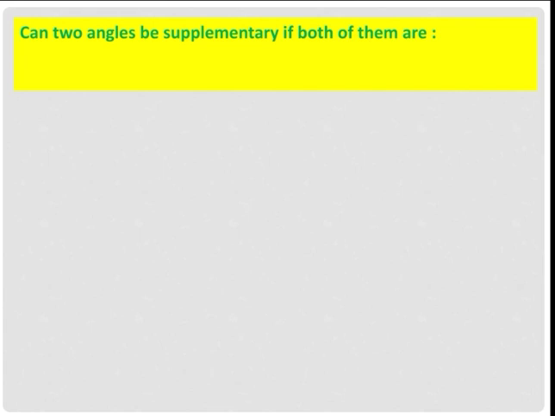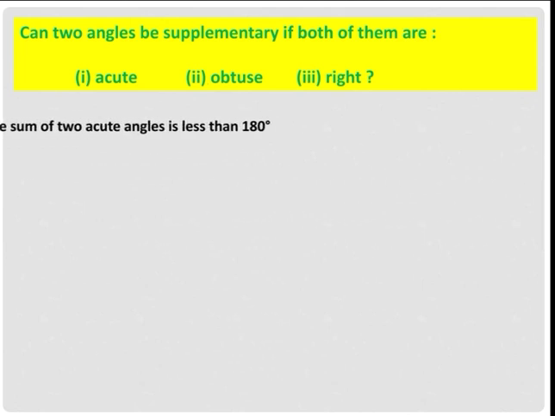Can two angles be supplementary if both of them are acute, obtuse and right? So for the first one, no, because the sum of two acute angles is less than 180 degree. Because we know supplementary angles means the addition of two angles is 180 degree.